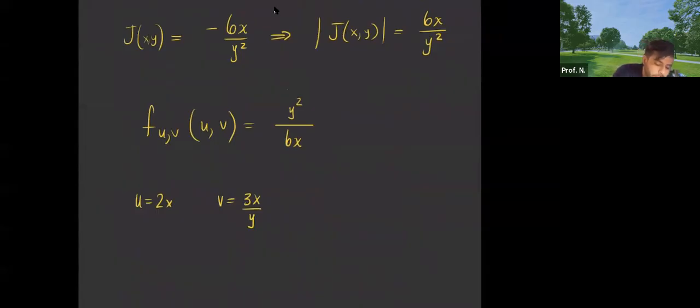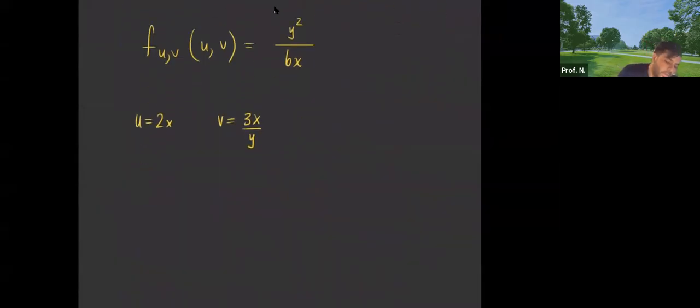So what do I know about x? What is x? U over 2? Well, that was pretty easy. So x is u over 2. Every time I see x, it's really just u over 2. So I can place that here, and I get 3 multiplied by u over 2, over y, is equal to v.